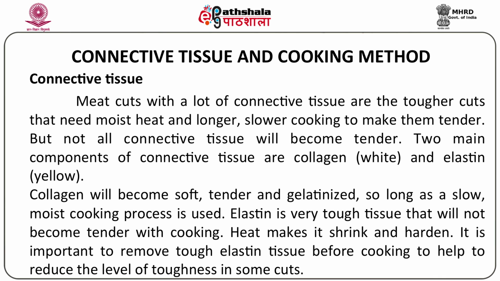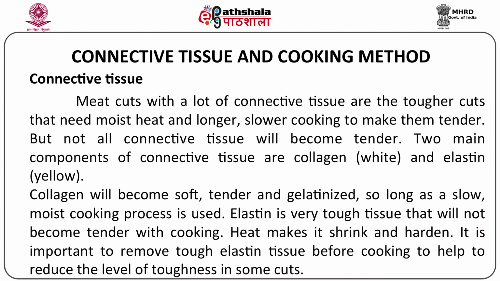But not all connective tissue will become tender by the moist heat methods. Now, connective tissue has two important components: the yellow elastic connective tissue, which is referred to as elastin, and the white connective tissue, which is referred to as collagen.